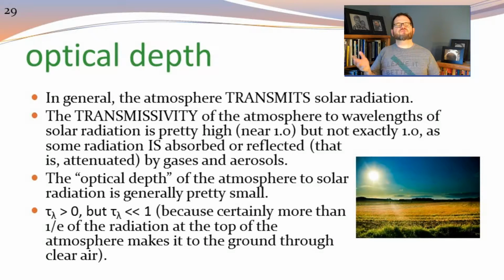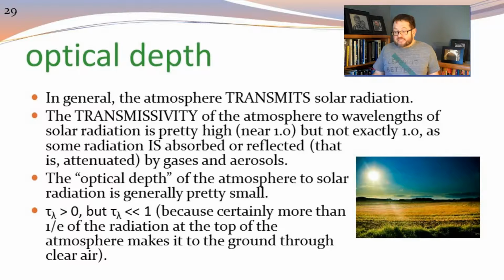For a few wavelengths within the shortwave part of the spectrum, like ultraviolet, the atmosphere is actually pretty good at absorbing it. But for most wavelengths of visible light, the atmosphere has a transmissivity quite close to 100% or 1. It's not exactly 1, though. So the optical depth of the atmosphere for shortwave radiation is pretty small. By and large, the atmosphere doesn't resist the flow of shortwave radiation very much at all.